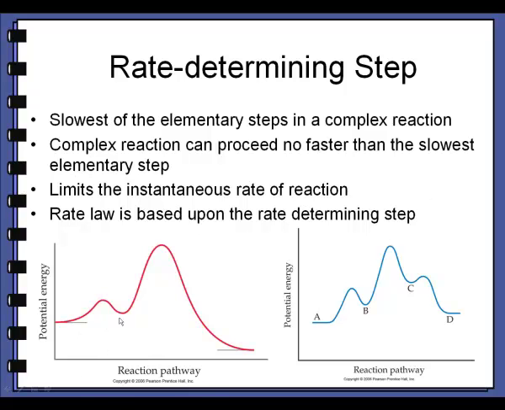Here are a couple energy diagrams, and sometimes we can look at the energy diagrams of our elementary steps and that can give us an indication of what's the rate determining step. The rate determining step is always the part of our energy diagram that has the highest peak. If we look at this one on the right that's in red, notice how there are 2 peaks, 1 and 2.